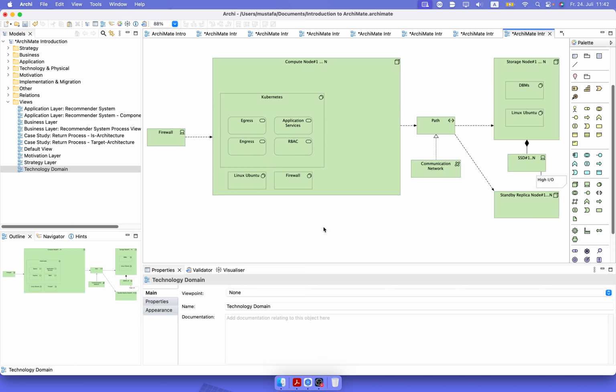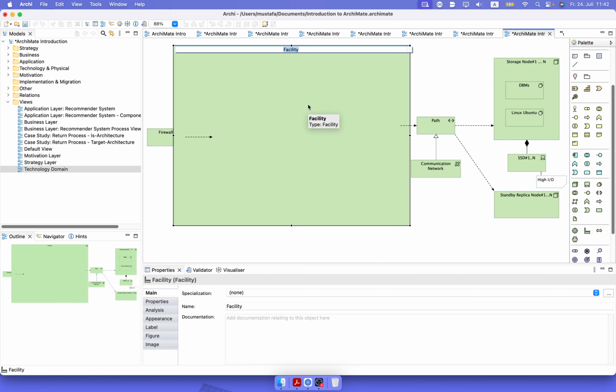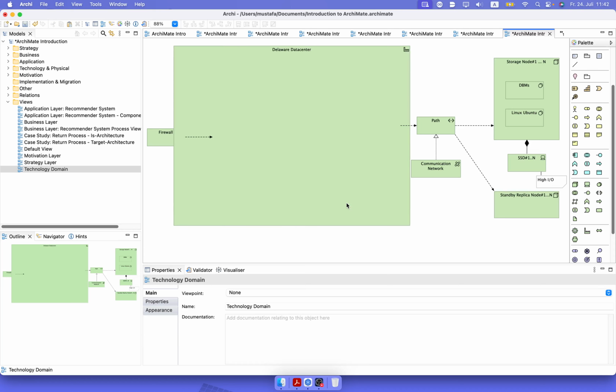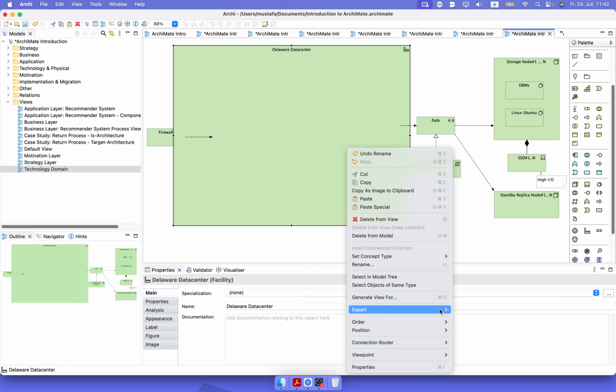One of the things that could also be utilized here, in relationship to the physical layer, is the location from here. So this is a location. You can add here a facility from the physical layer. You could say now this entire node is in the Delaware data center, for logistical reasons.